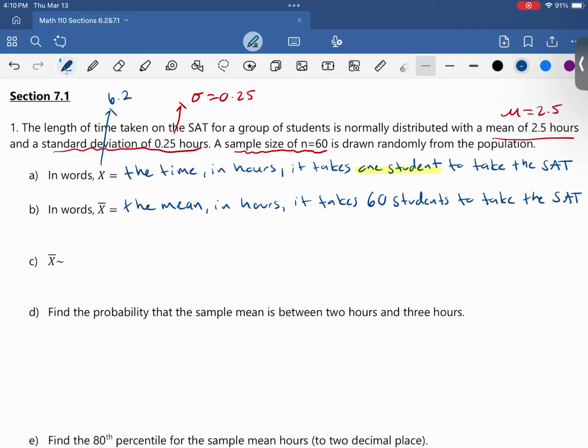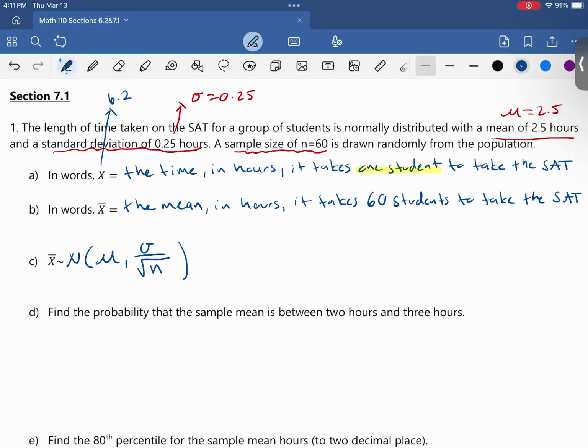Part C is asking us to fill out the blanks with the distribution of the sample mean. What we would have here is just the normal distribution. Our mean is still 2.5. Let me write out the general form of it. So mean, and remember with our sample means, our central limit theorem, our standard deviation changes. It's going to be standard deviation over the square root of our sample size.